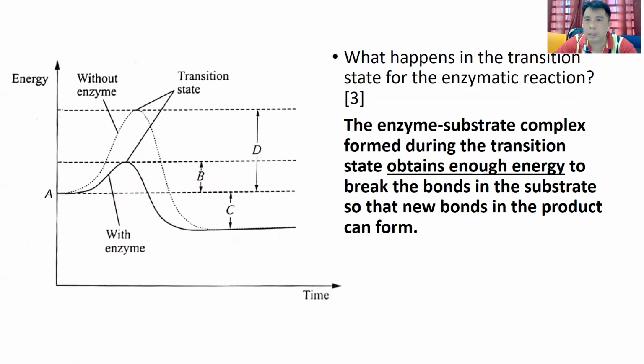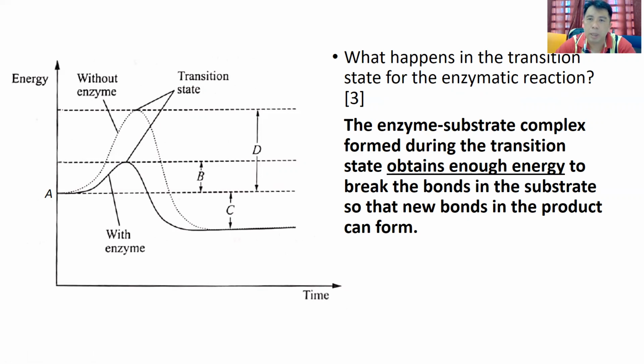What happens in the transition state for the enzymatic reaction? The answer is the enzyme-substrate complex forms during the transition state. That means in the transition state, the specific substrate binds to the enzyme at the active site. I must say the active site, it is very important and must be emphasized here.